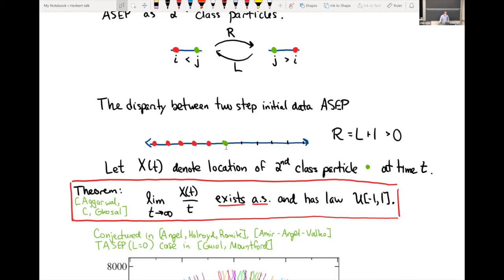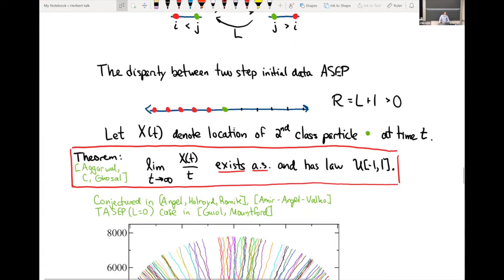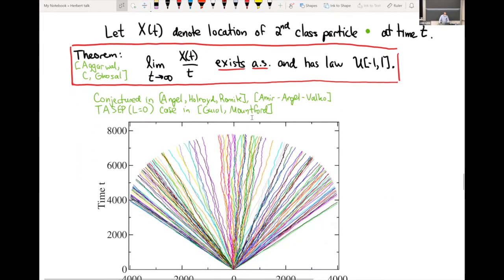And what turns out to happen is that he actually chooses a uniform distribution in the rarefaction fan, in this hydrodynamic rarefaction fan. And not only does he choose a random direction, he actually chooses it and then sticks with it. So the theorem is that if you look at the location of the second class particle as a function of time, you divide by t, then a limit exists almost surely.